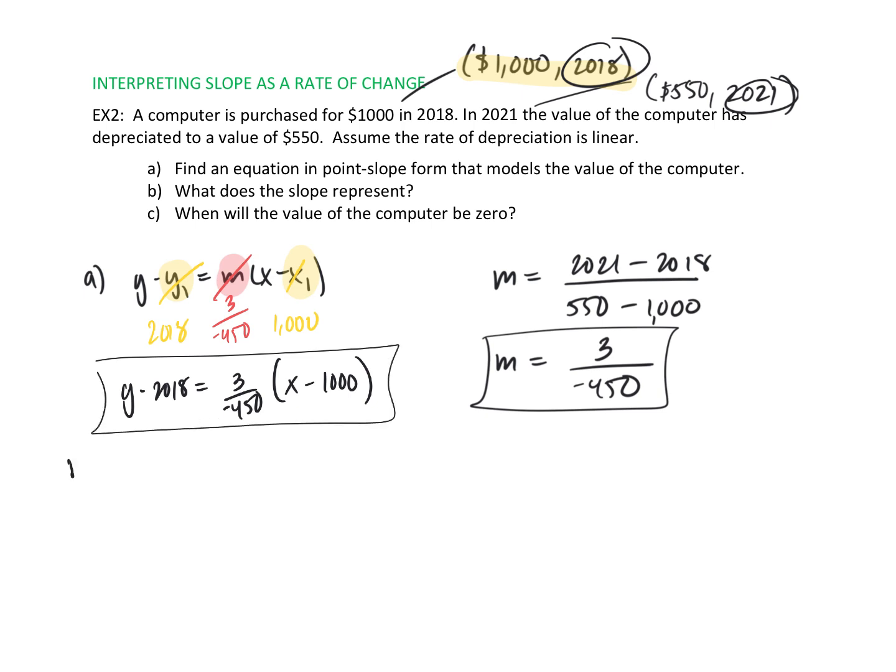So for part B, what do we need? What does the slope represent? Good question. Well, these values here are talking about the years, right? And this value here is talking about the money.